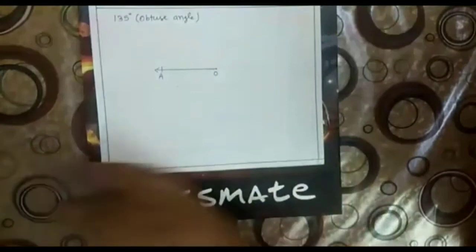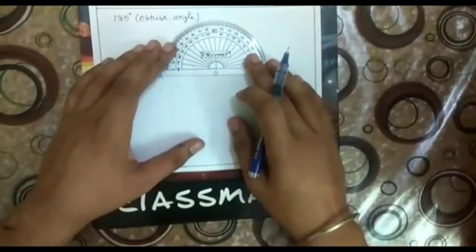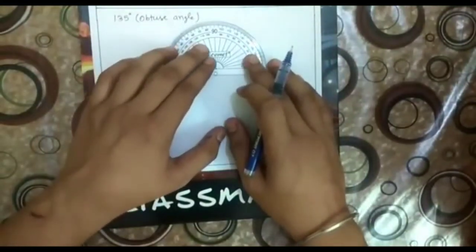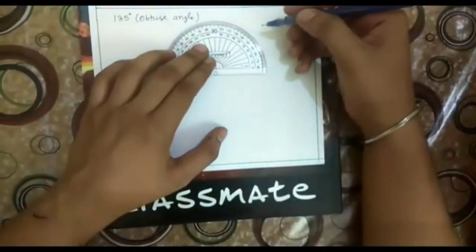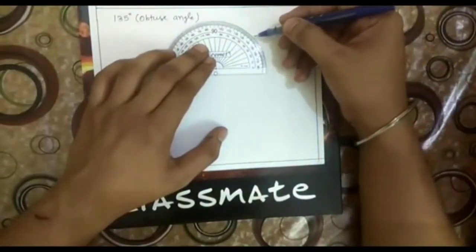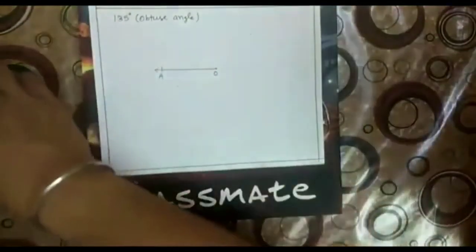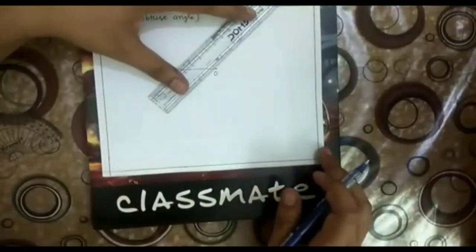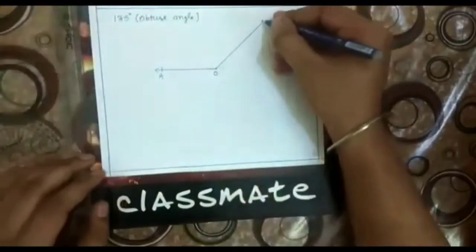So use your protractor like this. Cover the baseline. Now look for the 135 degree angle, but outside the baseline. 135 degree angle lies between 130 and 140. So this is the 135 angle. Mark this point and now join these 2 points with the help of a ruler like this.